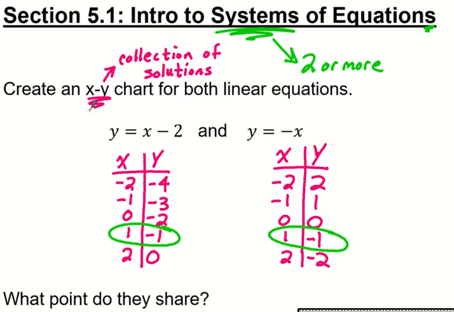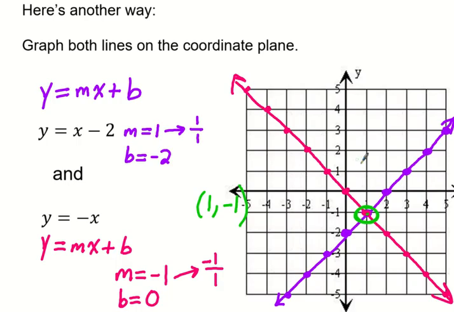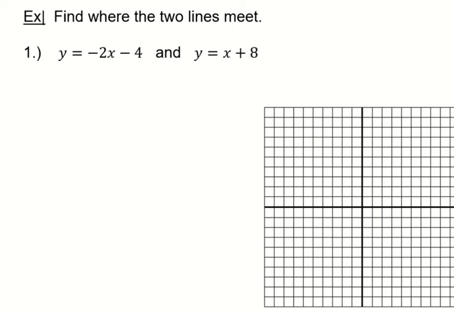You are looking for any pair of numbers that not only solves this equation, but also solves this equation at the same time. And graphing both lines to see what solution or point they share, that would do the trick. So that's going to be a big strategy for us.